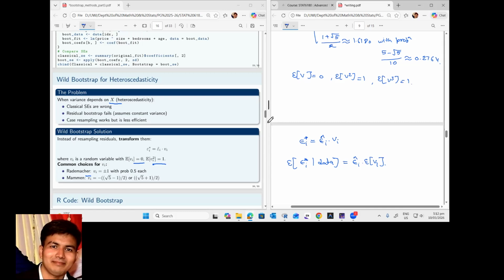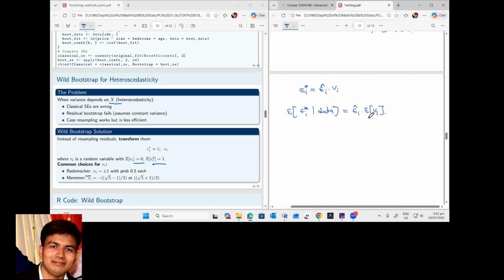And second, the conditional variance. What is the conditional variance here? The variance of epsilon i star given the data is equal to epsilon i hat squared times the variance of Vi. So for the bootstrap variance to correctly reflect the original residual variance, we require the variance of Vi to be equal to 1.